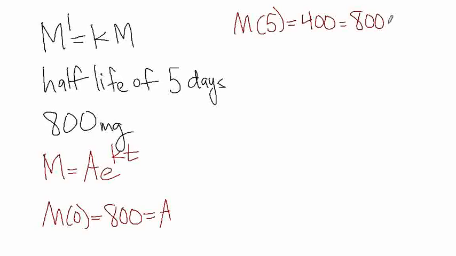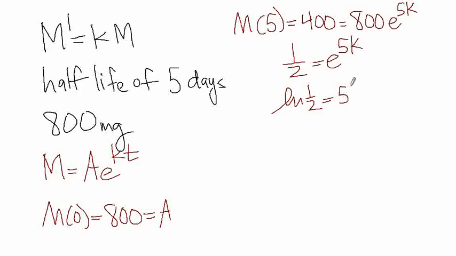Then I have 800 multiplied by e to the 5k. Now we can solve for k. Let's divide both 400 and 800 e to the 5k by 800. Then I'll have 1/2 is equal to e to the 5k. Now let's take the natural log of both sides. Now let's divide both sides by 5.